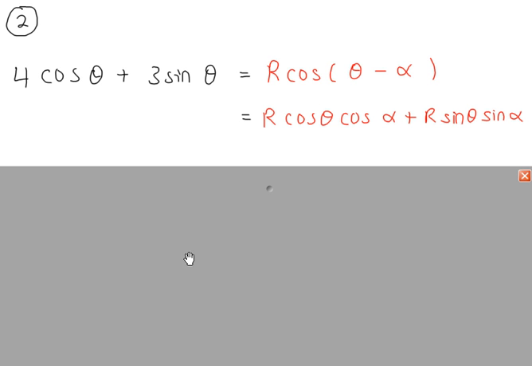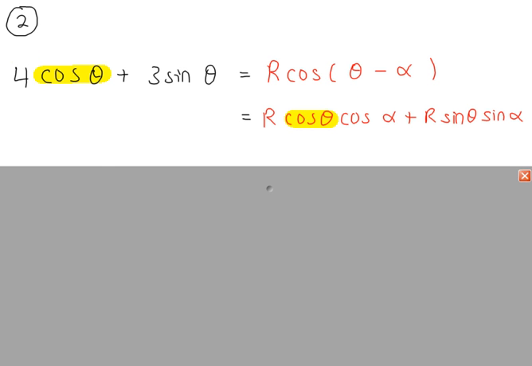Example 2. This time we're going to write our terms here just using cosine, so just in terms of cos. So using the compound angle formula for cos, we have this. Again, remember we have r here and here. And then we can see the cosine term here. This one has a coefficient of 4, this one r cos alpha.